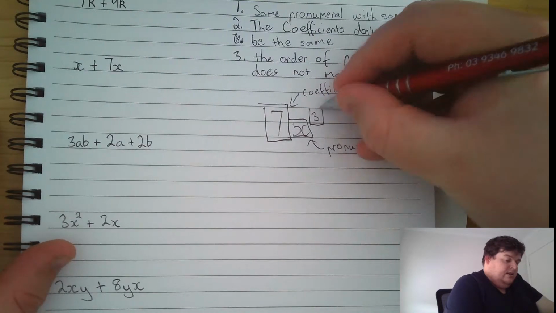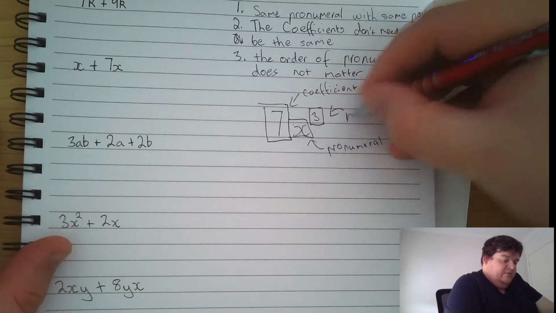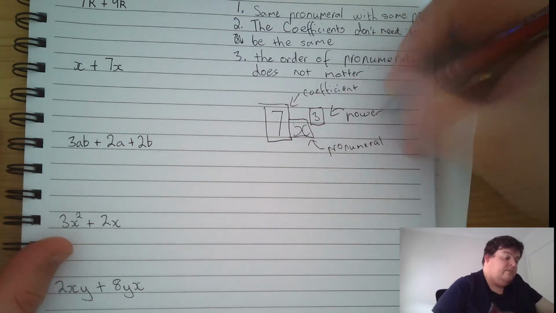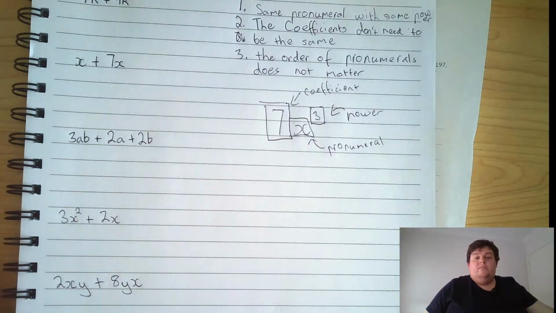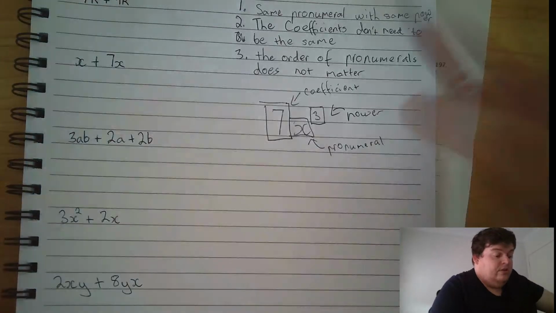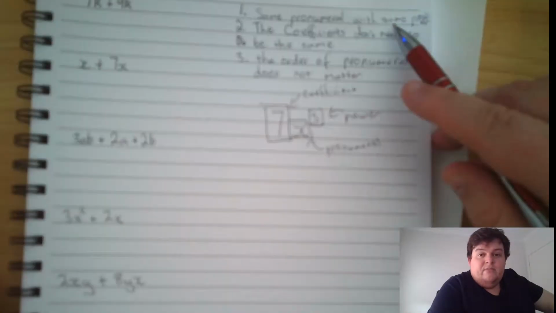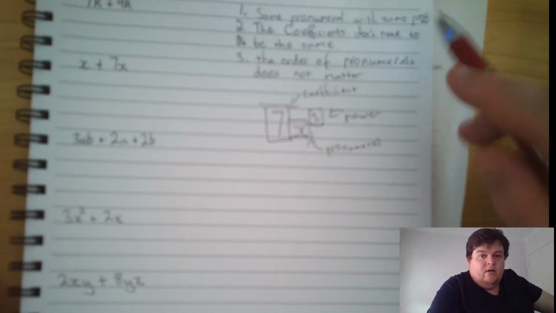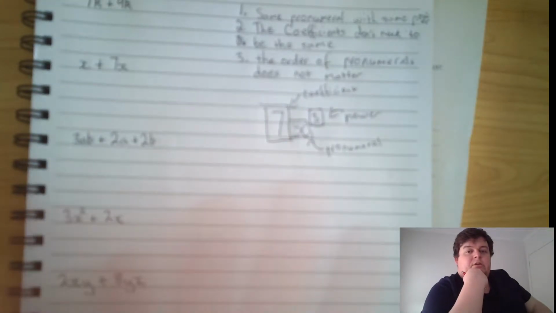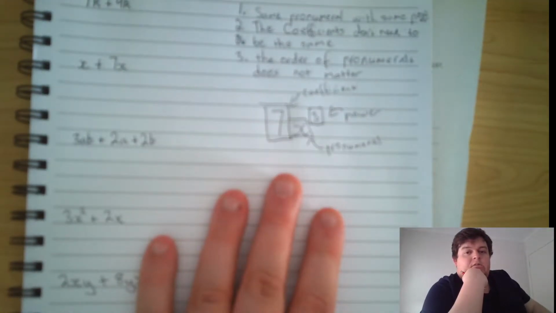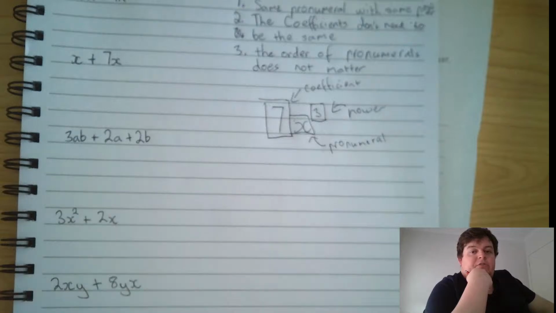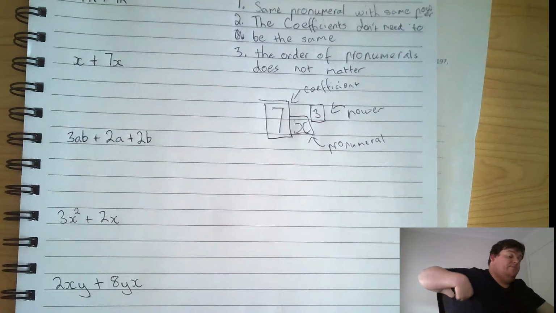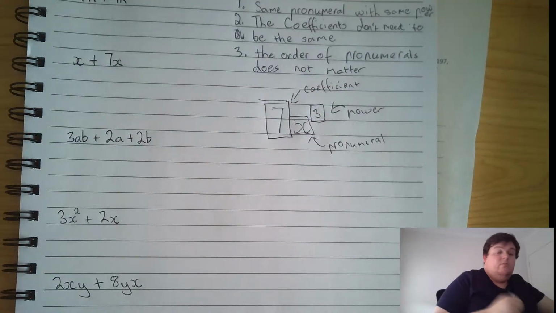And this right here is the power, which you should know from indices, I would hope, right? So yeah, they're the rules. So the pronumeral has to be the same with the same power. The coefficients don't need to be the same, and the order of the pronumerals does not matter.